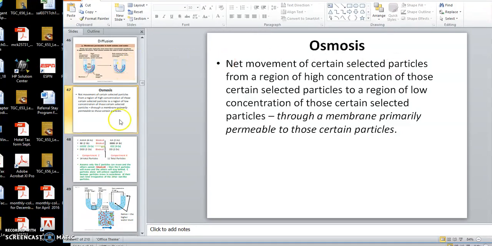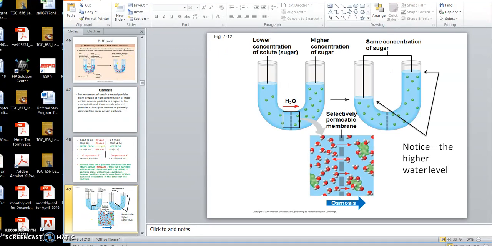But since this came from a biology book, here's a beaker, here's some particles in here. In this case, I want you to understand, this is a lower concentration of solute. So this is a solution.